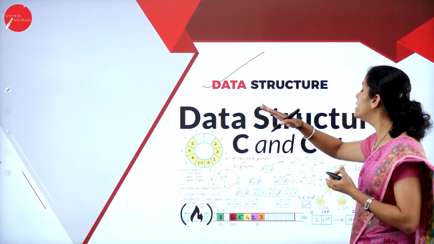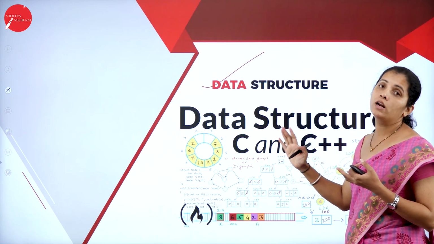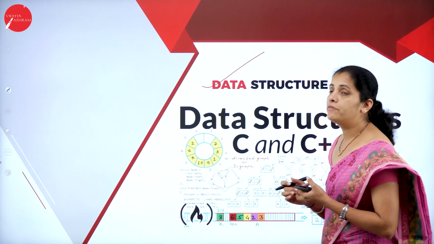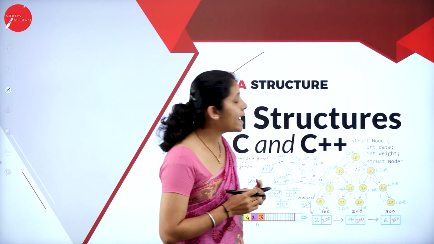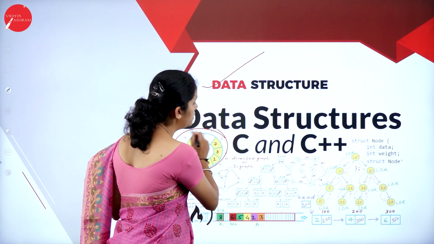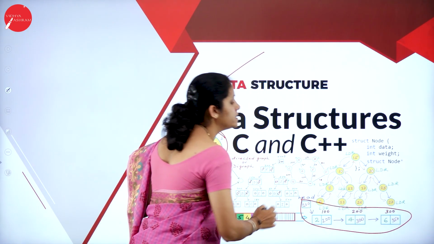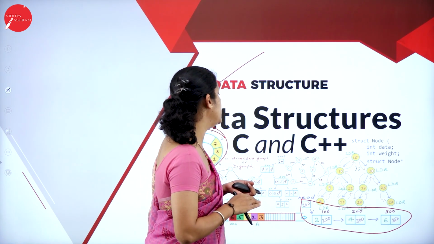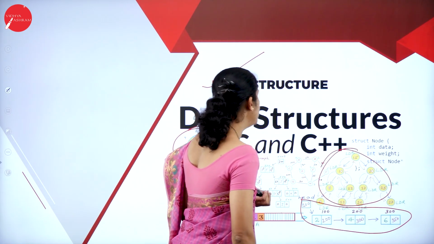Here the data structures are created by using the C or C++ programming language. Some examples of data structures are stack, queue, and circular queue. Then we have linked lists, that is single linked list, double linked list, or circular linked list. Then we have tree, that is binary tree.